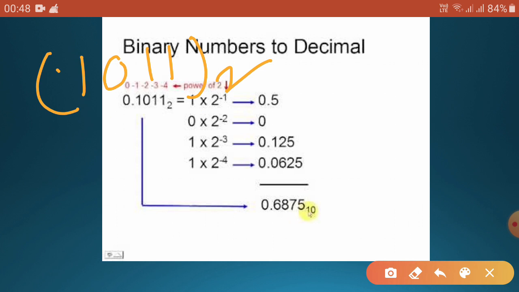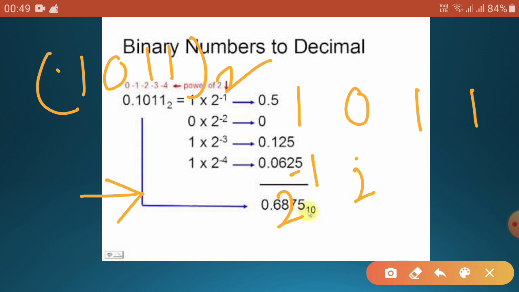At first we write down the digits: 1 0 1 1. Then we multiply 2 to the power minus 1 with 1, 2 to the power minus 2 with 0, 2 to the power minus 3 with 1, and 2 to the power minus 4 with 1.